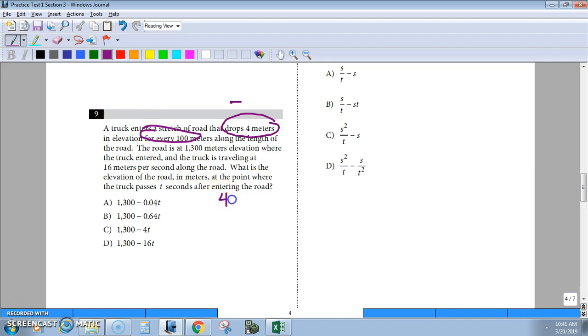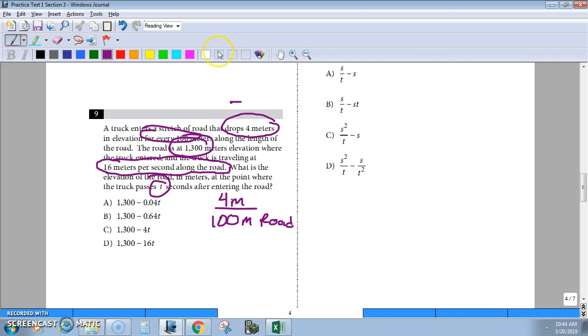So we have 4 meters of elevation for every 100 meters along the road, right? And the road is at 1,300 meters elevation where the truck entered. And the truck is traveling at 16 meters per second along the road. What is the elevation of the road in meters at the point where the truck passes t seconds after entering the highway? All right, you guys, without doing any more math, you can figure this out.